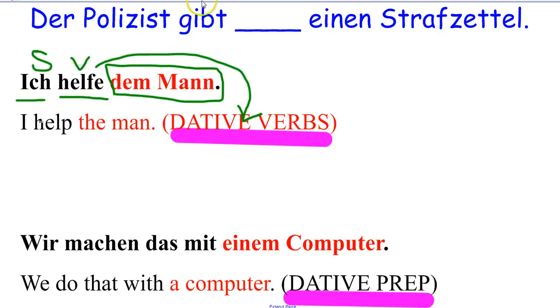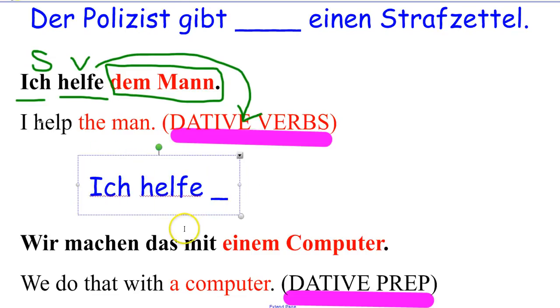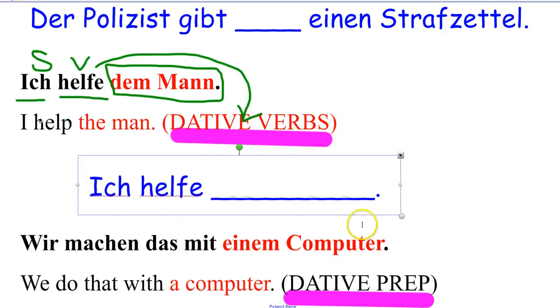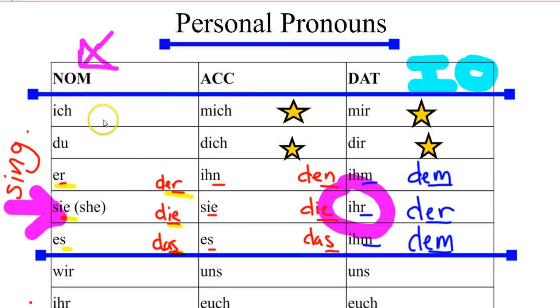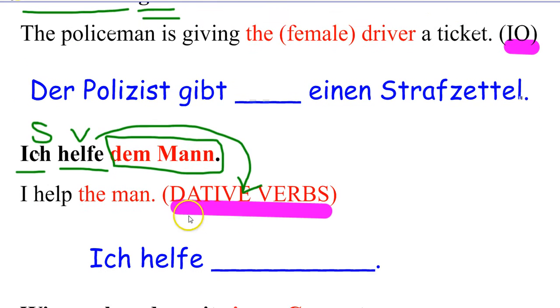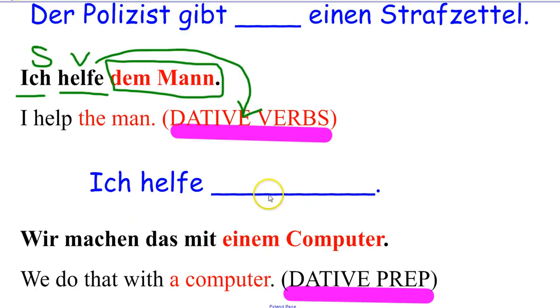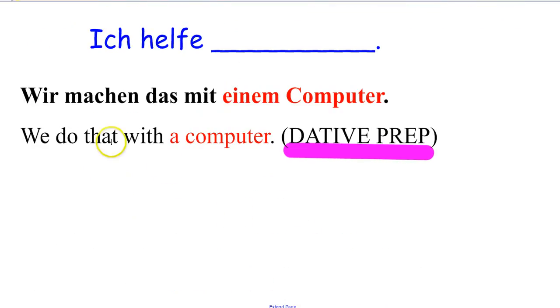So how do we say, I help him? If you look back to the chart, you should see masculine, dative, ihm. So, ich helfe ihm.